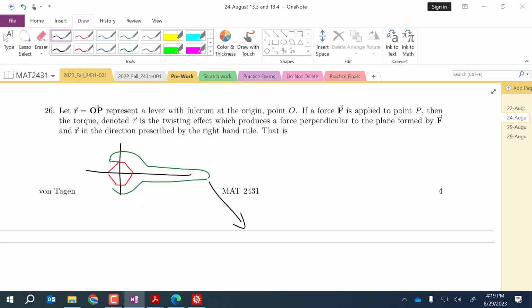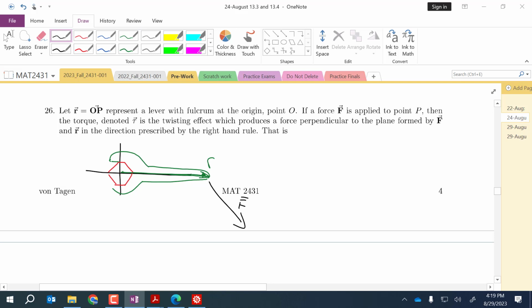So we could create a vector right here that we'll call R, for the radius of that wrench. We're twisting about this, but we think of that as the radius of that wrench. Then we're going to apply a force F on that wrench.